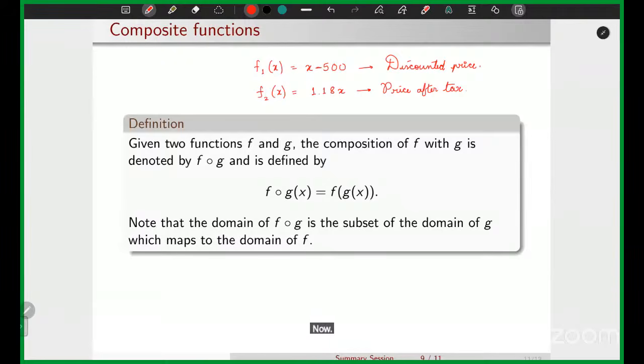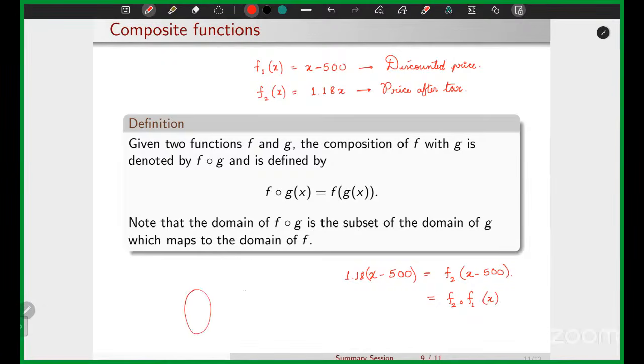Now, if I want to calculate the price of an item, how will I do it? First, I will deduct whatever the discount is, and then I will tax it, right? So this is actually f2 of x minus 500. Is this clear? Yes, sir. But what is this? This in turn is f2 of f1 of x.